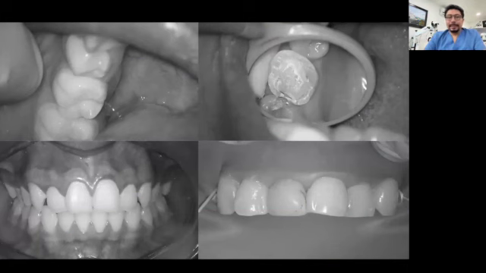If we analyze these pictures, maybe some of you already have an idea related to some diseases that are present in these patients. You can see that there is maybe some gum inflammation, maybe some plaque retention in some areas, maybe caries, maybe some poorly adapted obturations.